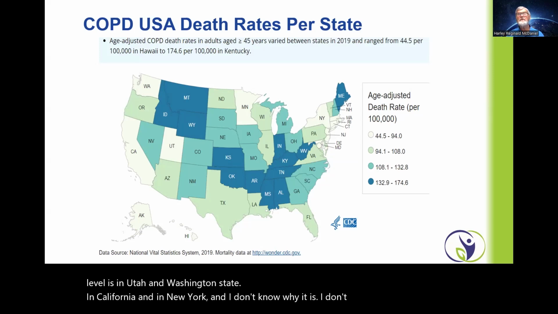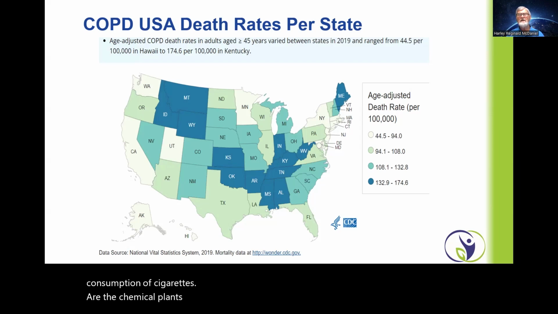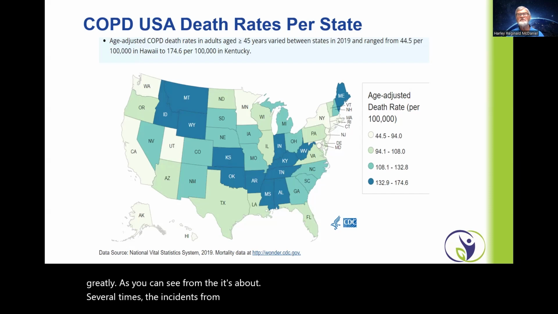I don't know whether the consumption of cigarettes or the chemical plants that release chemicals in the air influence this, but it varies very greatly, as you can see, about several times the incidence from the highest levels to the lowest levels across the country.